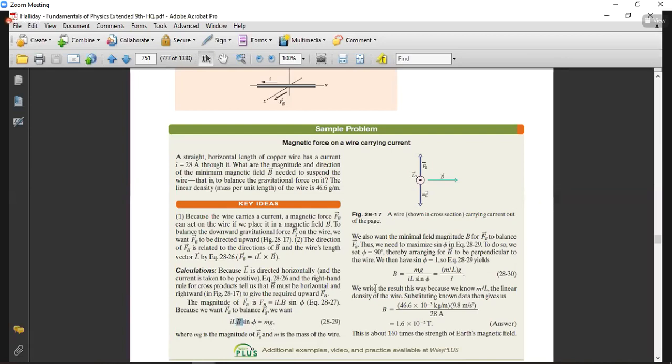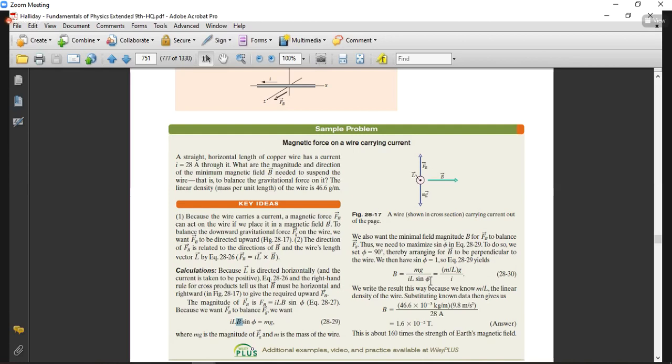So B would be equal to mg over IL sin phi, because IL sin phi will move to the denominator on the other side. This can be written with mass per unit length, because they have given the linear mass density.